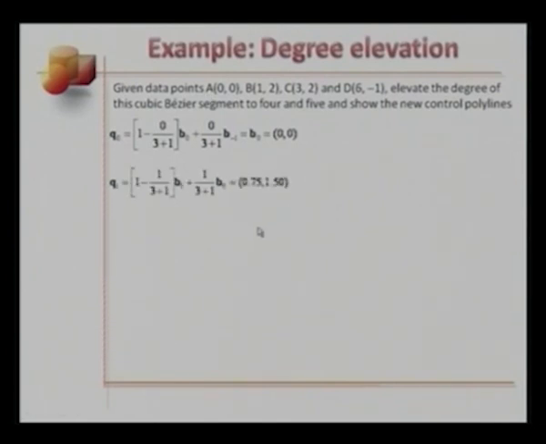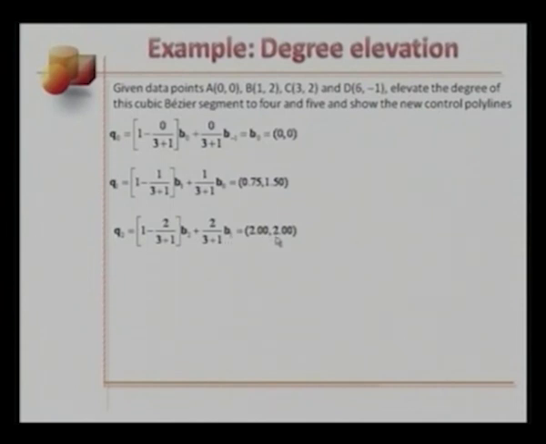Q sub 1, keep on increasing the index. This is 1 minus 1 over 3 plus 1 times B1 plus 1 over 3 plus 1 times B0, computed as 0.75 and 1.5 as the x and y coordinates. Q2 is equal to 1 minus 2 over 4 times B2 plus 2 over 4 times B1.